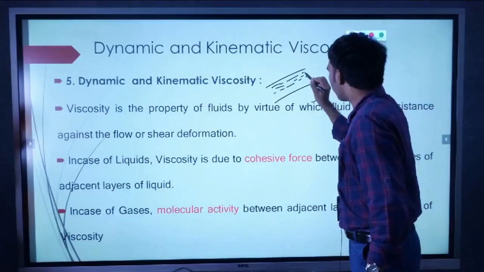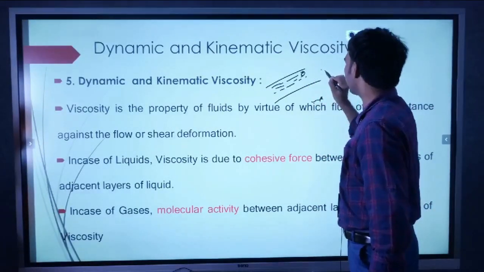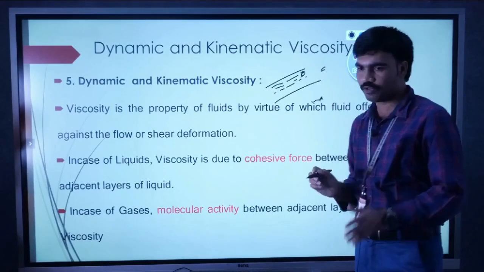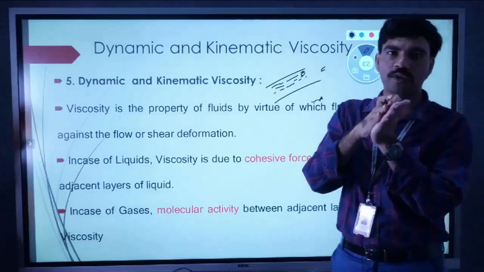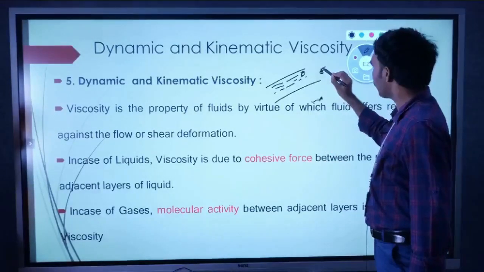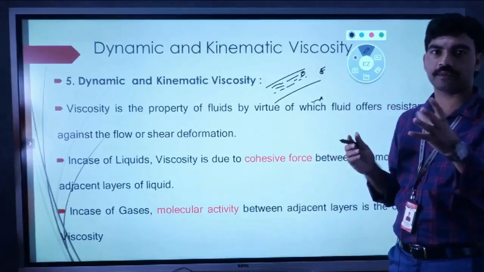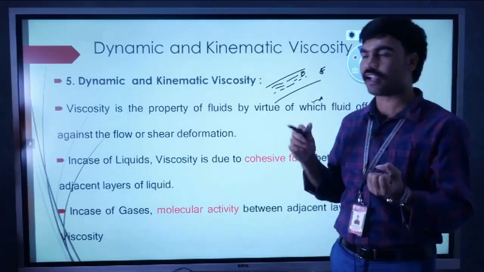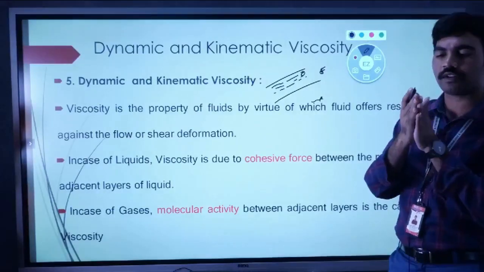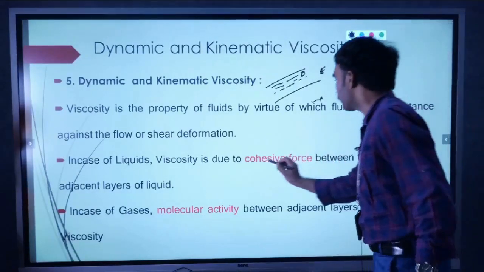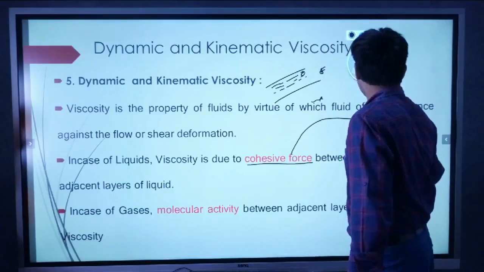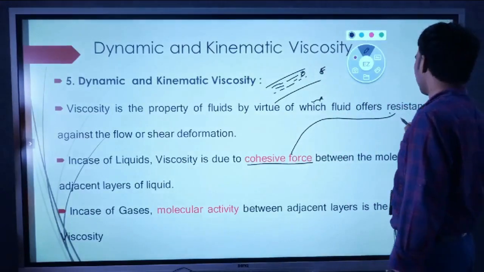For example, this is one water molecule and another water molecule; when they flow one over the other, this molecule will, because of the cohesive force, try to attract the other molecule which passes over it. This molecular attraction between the two layers is the cohesive force, and it is the major reason for viscosity.